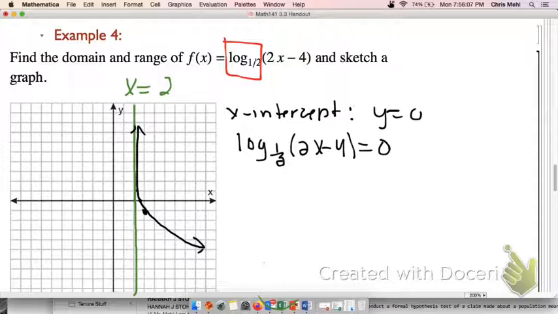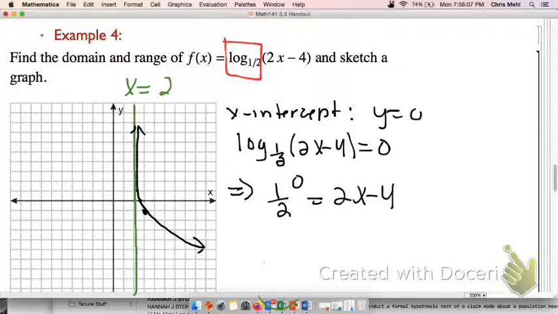Now essentially I'm showing you how to solve logarithmic equations right now. We're going to do this in its full extent probably in section 3.5, but I don't think it hurts to do this right now. Remember we said log base b of any number equals c. What that means is if you take the base 1/2 and raise it to the value of the logarithm, you have to get 2x minus 4.